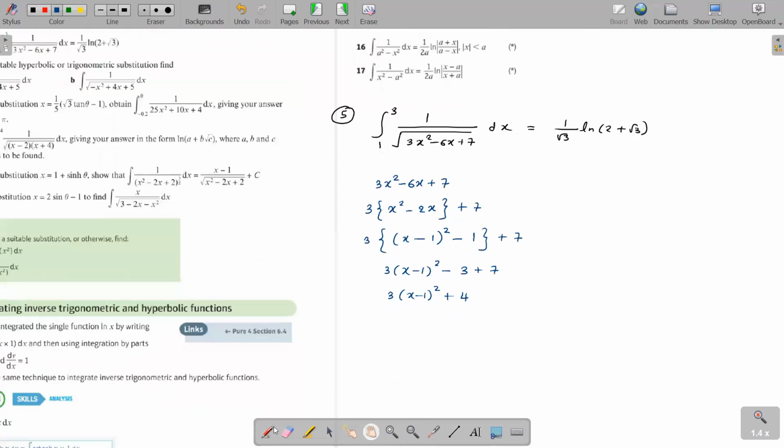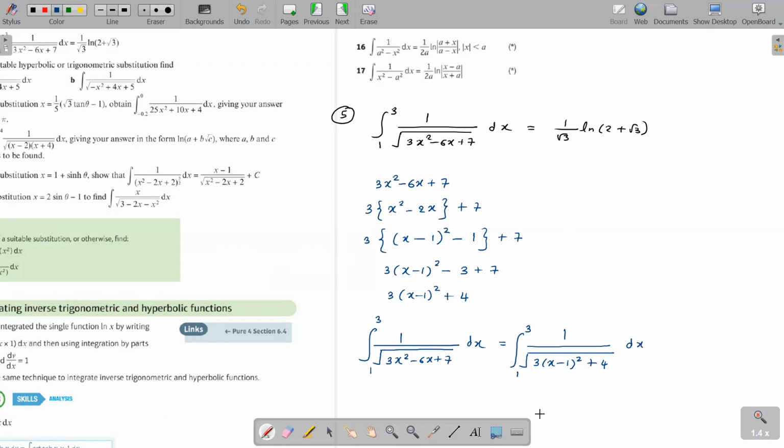And then let's input that into this equation. 1 over root of 3x squared minus 6x plus 7 from 1 to 3. So this becomes 1 over root of 3 times (x minus 1) squared plus 4 dx, integrating from 1 to 3.